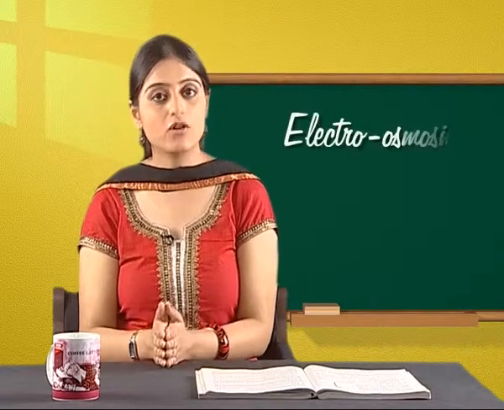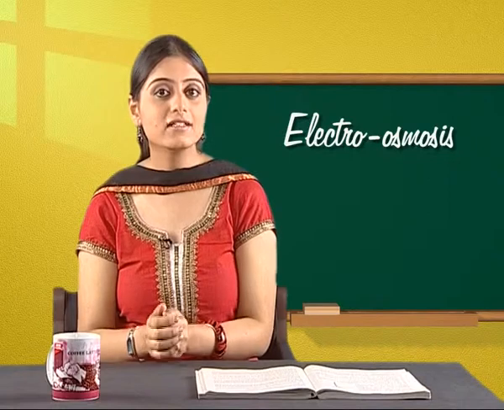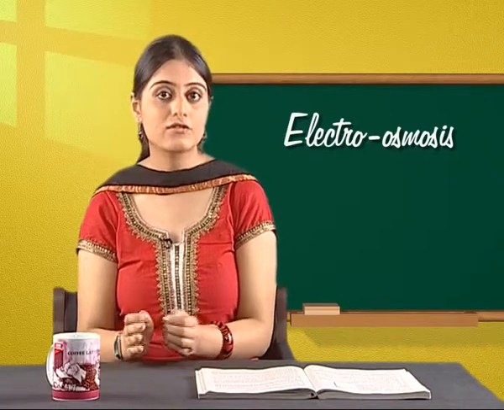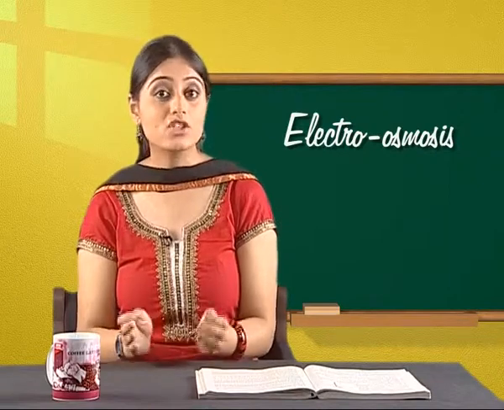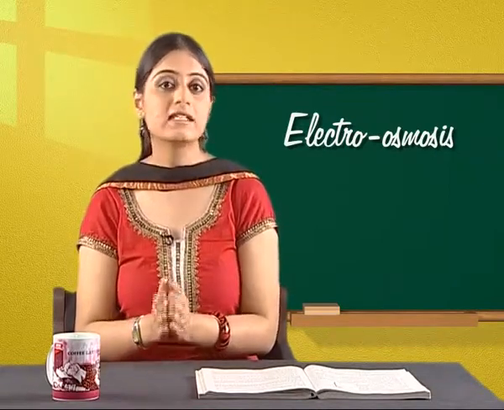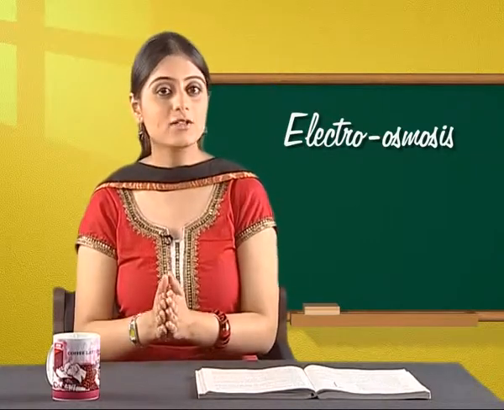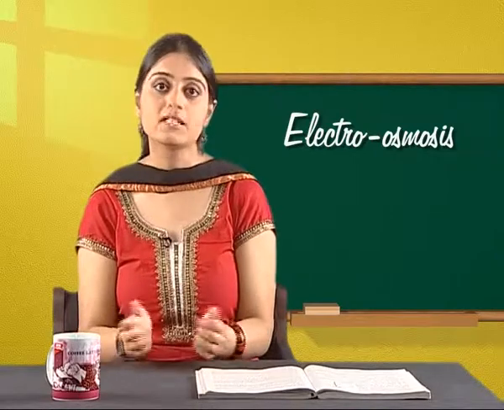We will now discuss the third electrical property of colloidal solutions, that is electroosmosis. When the movement of colloidal particles under the influence of the applied electric field is checked with the help of a suitable membrane, which is a semi-permeable membrane, the dispersion medium moves in a direction opposite to the direction in which the colloidal particles would have otherwise moved.